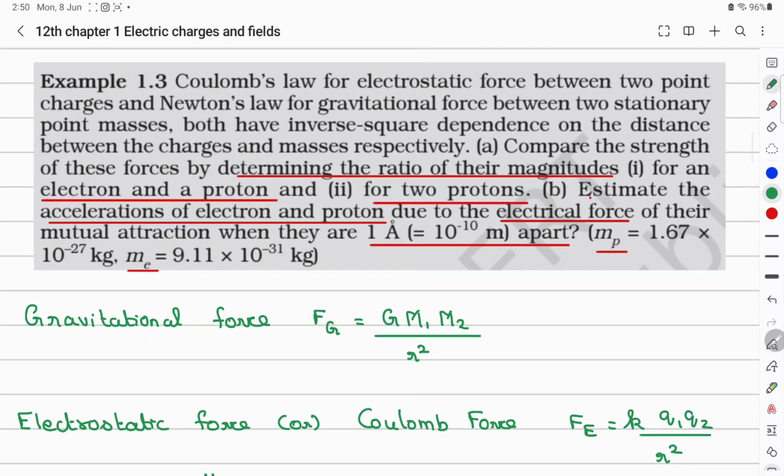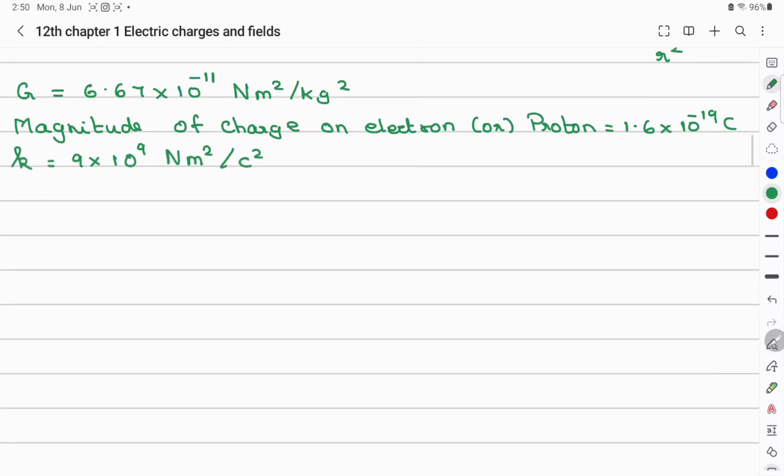So in A part they have asked to compare the strength of these forces by determining the ratio of their magnitudes for the electron and the proton.